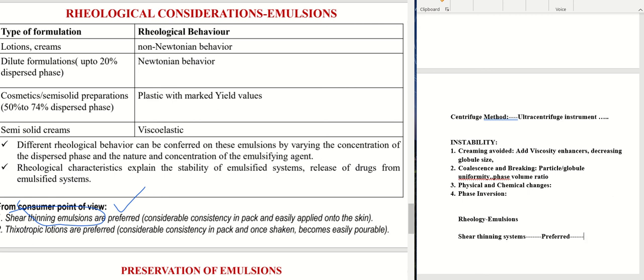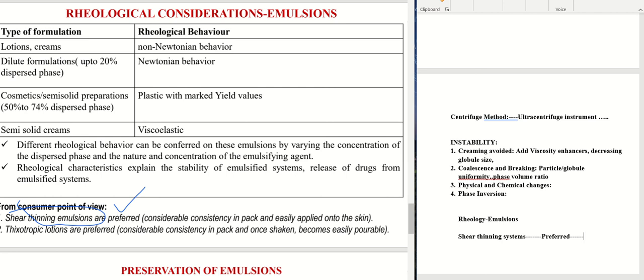When you keep a lotion to stand for some time, it gets thickened, and when we are supposed to use the lotion, we shake the container and then use it. When we shake the container, we are actually stressing the system, and the viscous nature of the lotion inside decreases so that it becomes easily pourable, right?